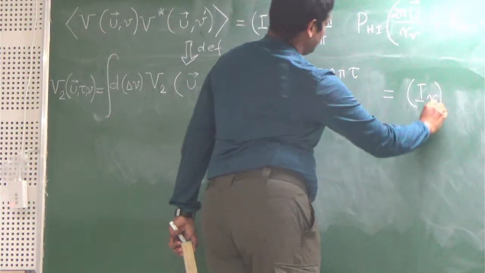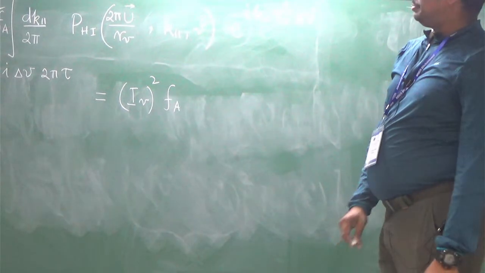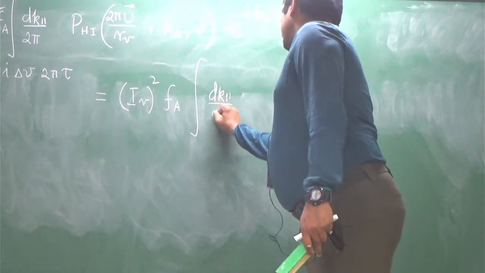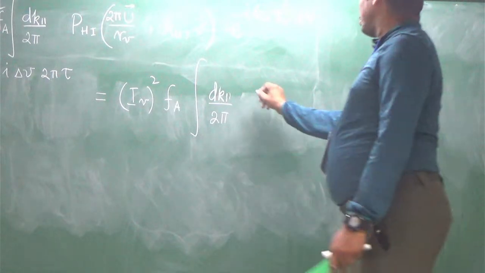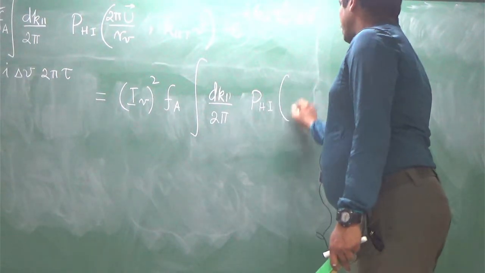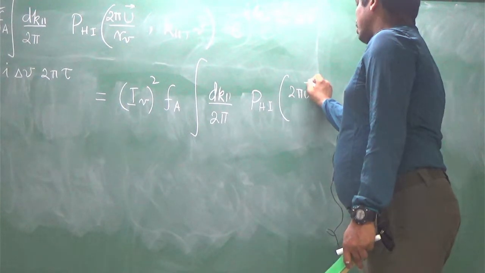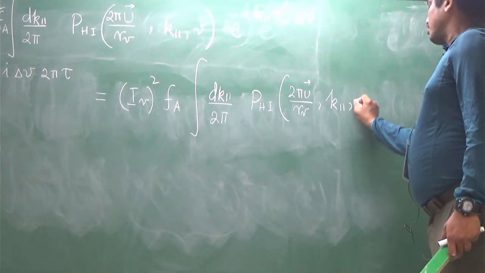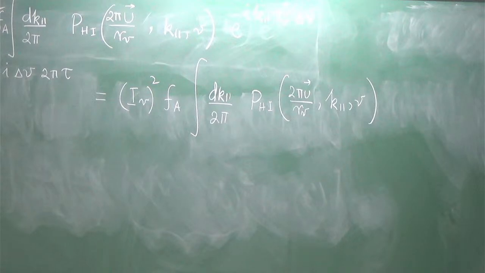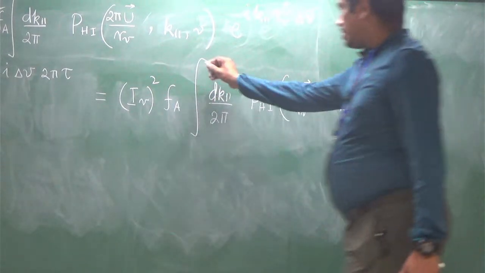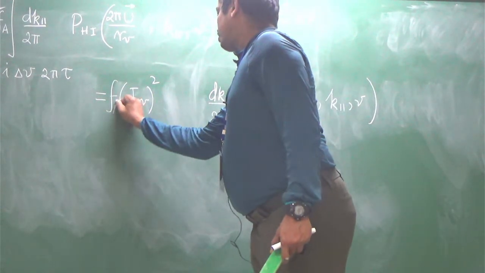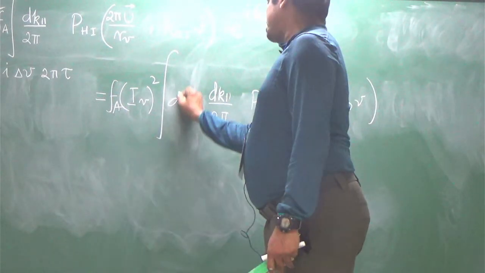I mu squared, and then I have this other integral over delta mu.